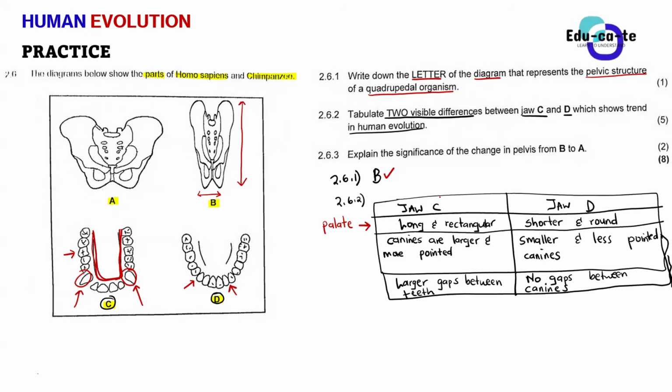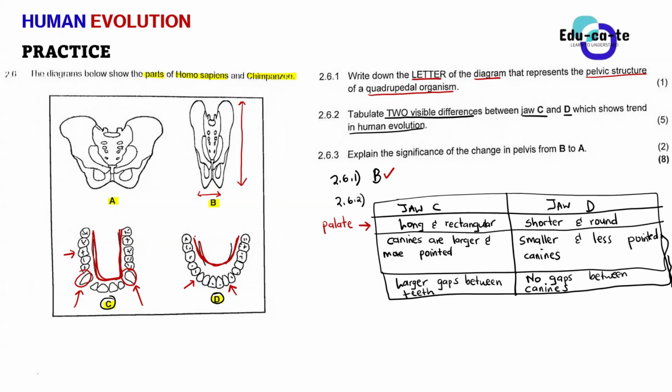But here we are talking about the natural features, right? If we were to say this is the mouth of a human being, because of its shorter and rounder palate, we would say that this is most likely the mouth of a human being. Human beings naturally do not have those gaps. If you have those gaps, that's probably due to conditions and whatnot. But I don't know if examiners can really make things as tricky as that.